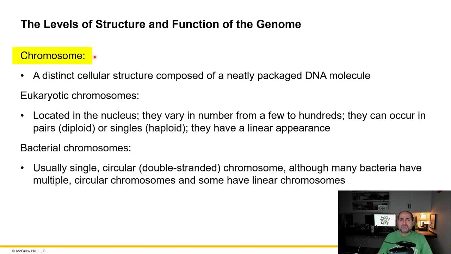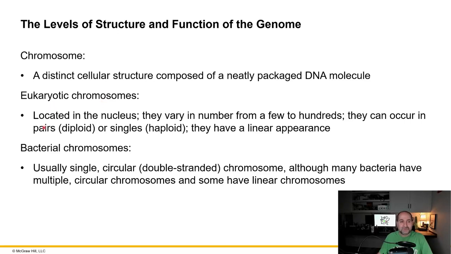Recall that a chromosome is defined as a distinct cellular structure composed of a neatly packaged DNA molecule. So think of it as a single double-stranded DNA molecule that's part of an organism's genome inside of the nucleus if it's a eukaryote, or as part of the nucleoid if it's a prokaryote.